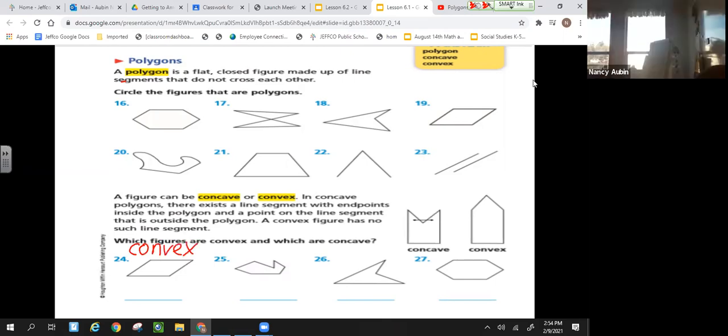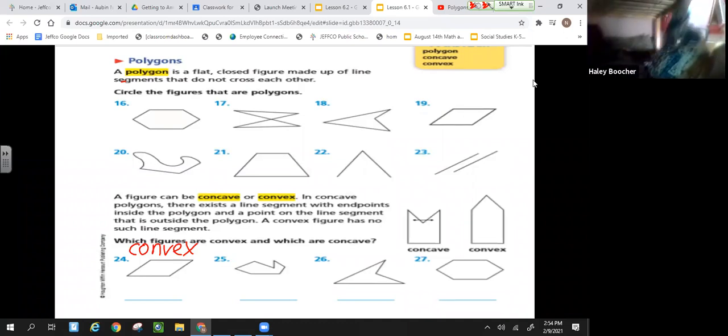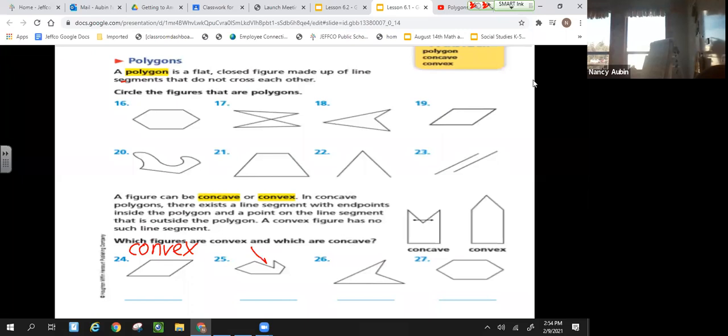What about 25? Who'd be willing to answer that? How about Paxton? What do you notice about number 25? It has a little cave, doesn't it? So we're going to call that concave. Go ahead and do the last two. See if you can figure out if they're convex or concave.